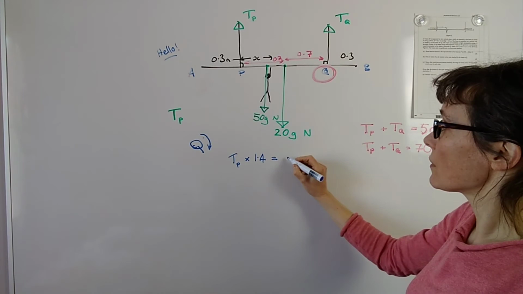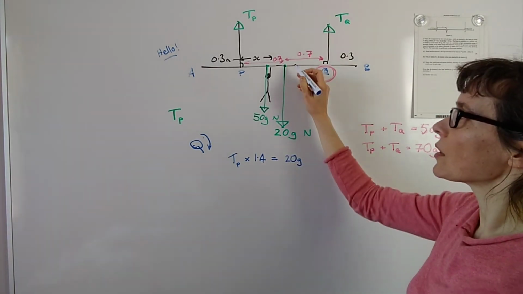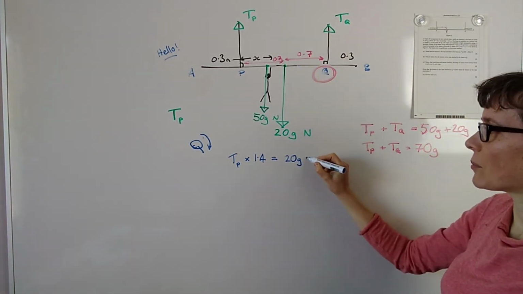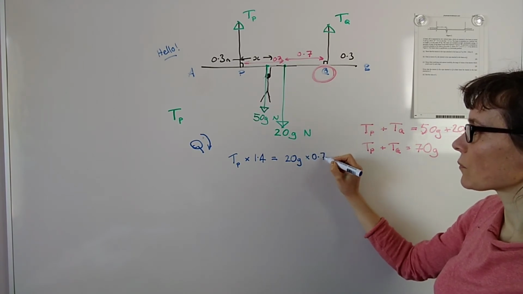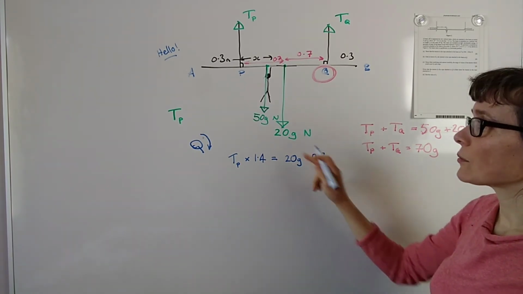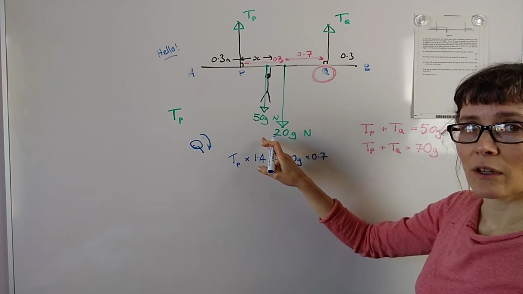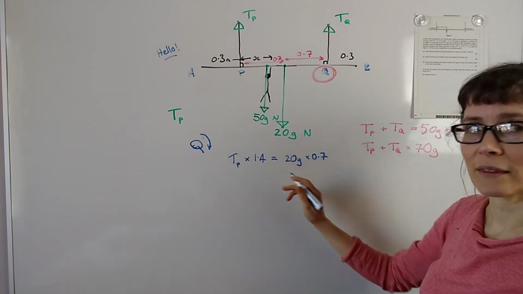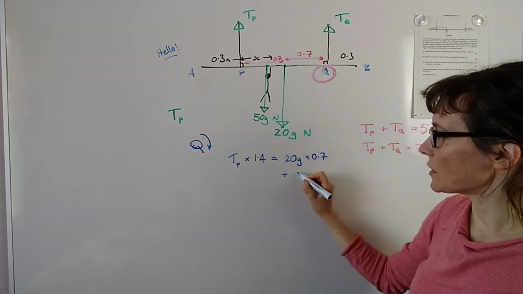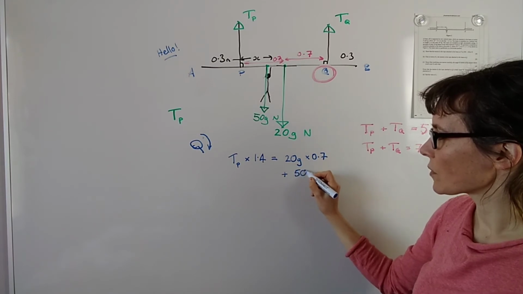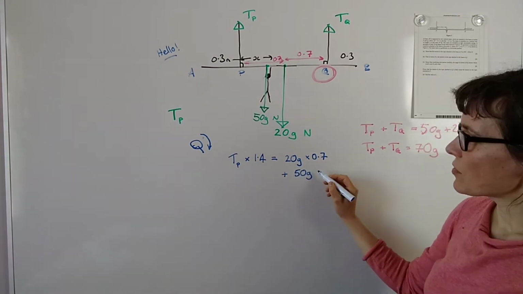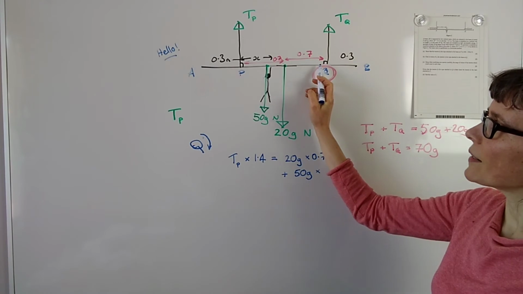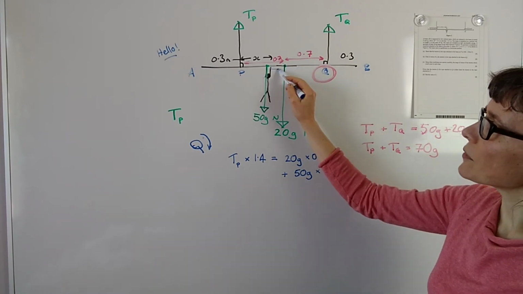So TP is the only unknown in here. This all works its way out. 20 times 0.7 is 14g, plus we've got 50 times 1.4, which I think is 70g, minus 50g x at the end.